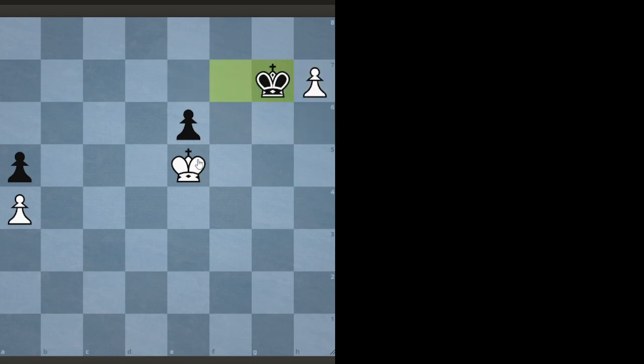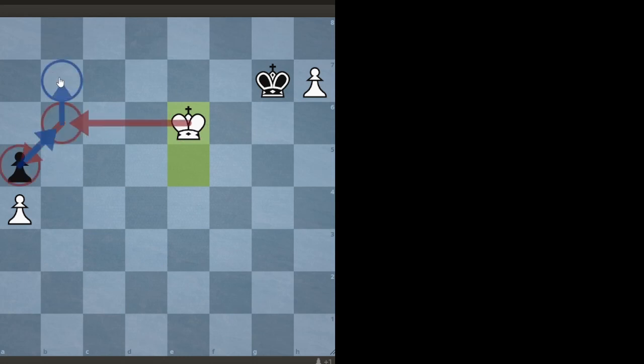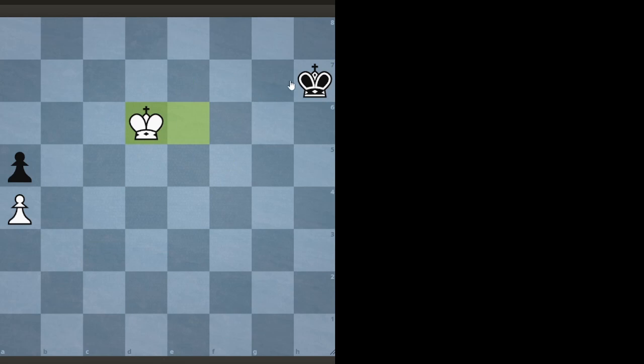After the king gets there, white captures the pawn, and the plan is simple: to capture the pawn, get into the square b7, and then push the pawn to the last rank, to promotion. After the capture, let's see if it is possible and if black is in time or not.